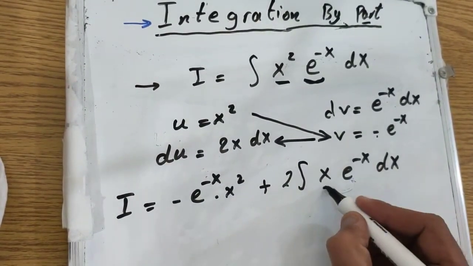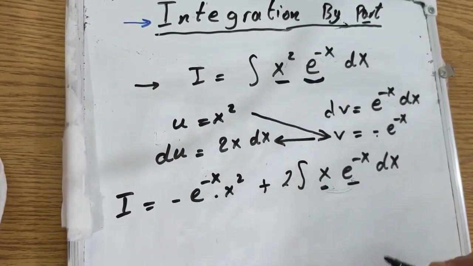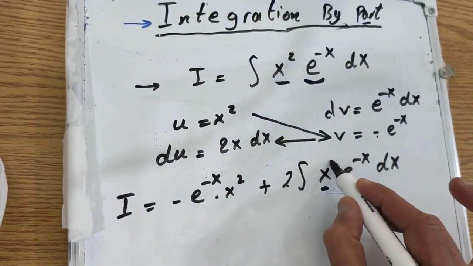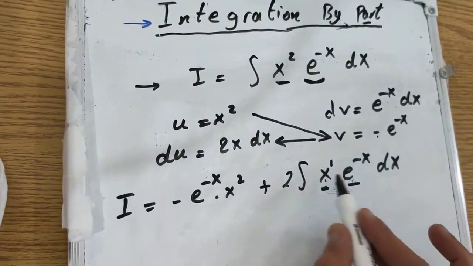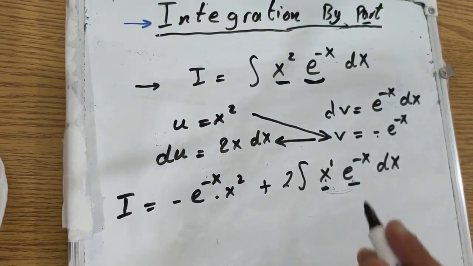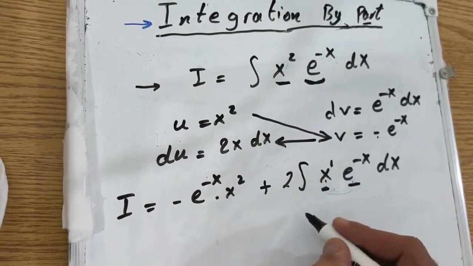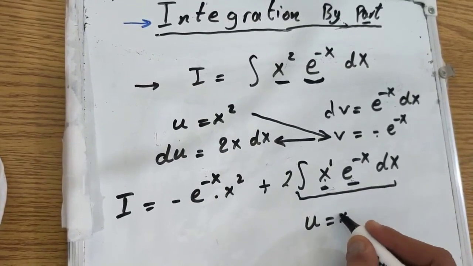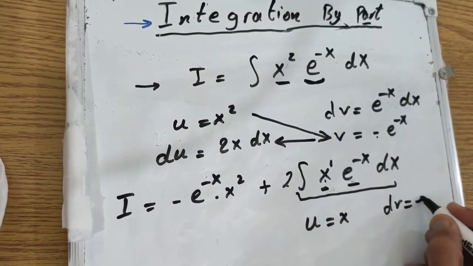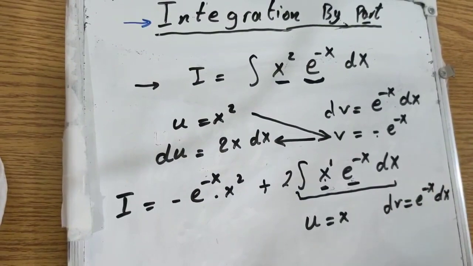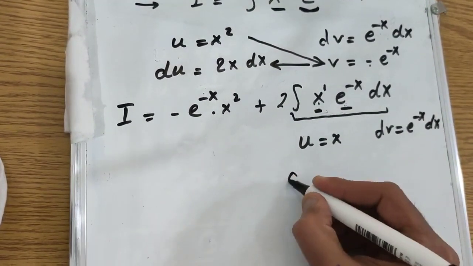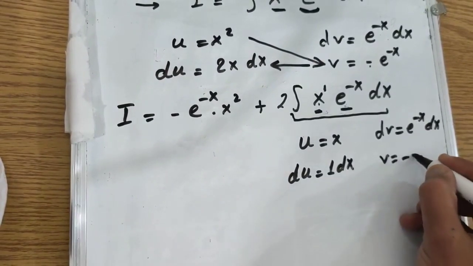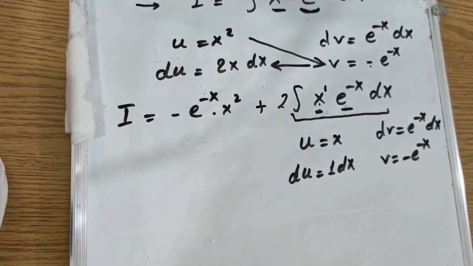Again, we still have multiplication between x and e power negative x, but please note that the power 2 is now power 1 because the derivative of x squared makes this function x. Use integration by parts again. To evaluate this integration, we can select u as x, and dv will be e power negative x dx. And again, du will be 1 dx, while v will be negative e power negative x.